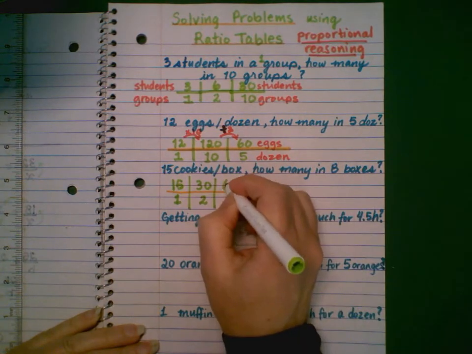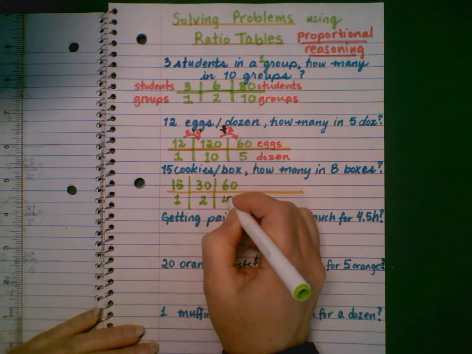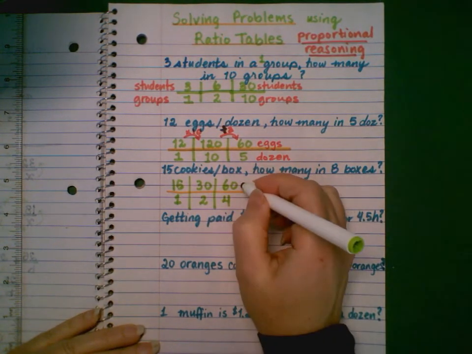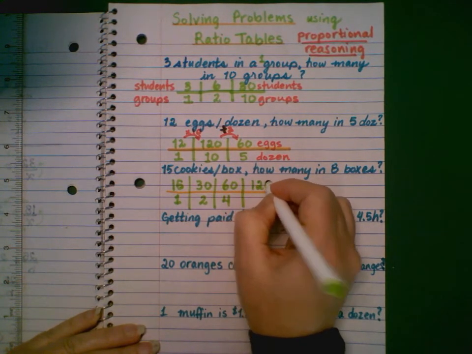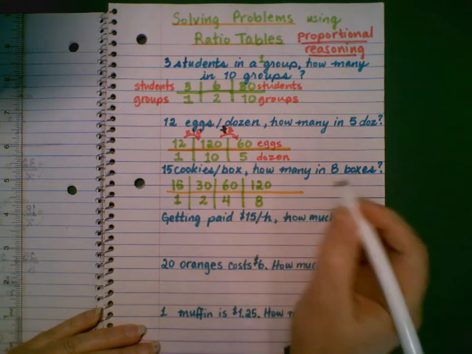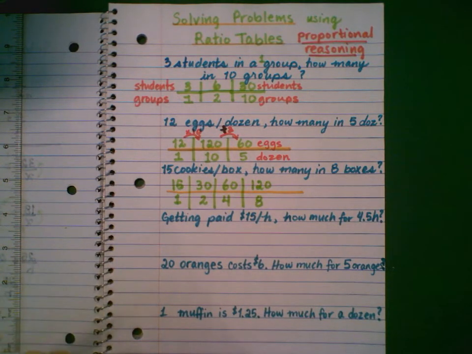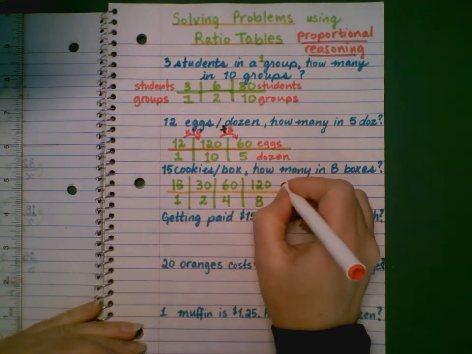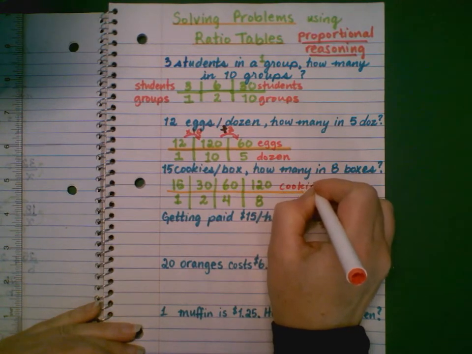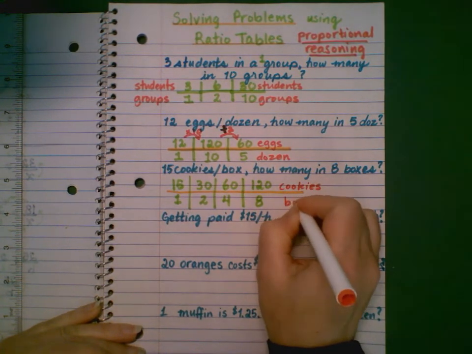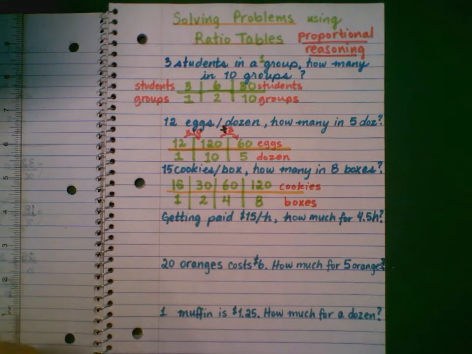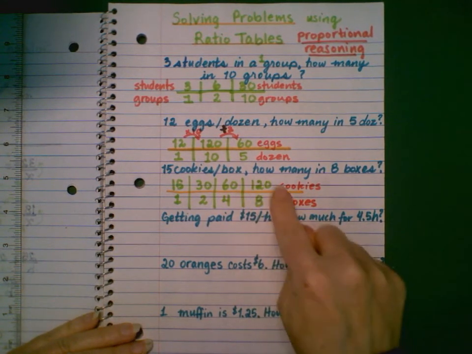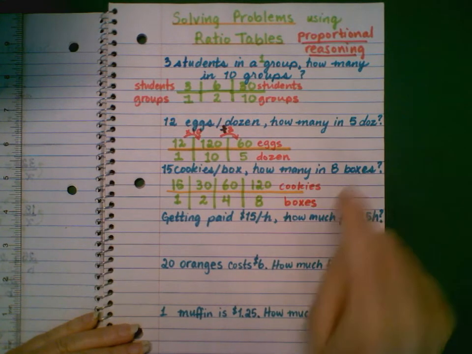Double again. 60 cookies in 4 boxes. Double again. 120 in 8 boxes. So it's cookies and boxes. So this final value here is the answer to that question, how many cookies in 8?